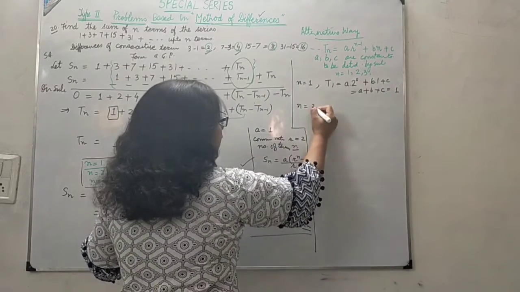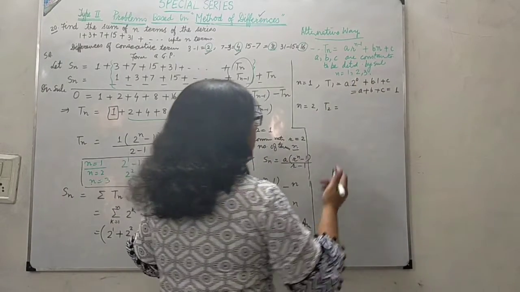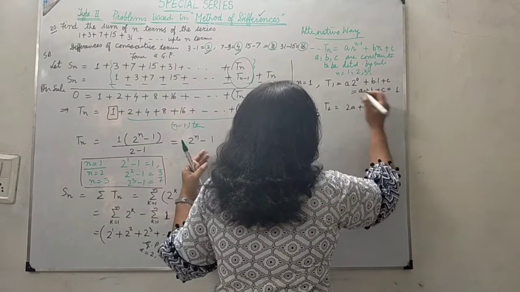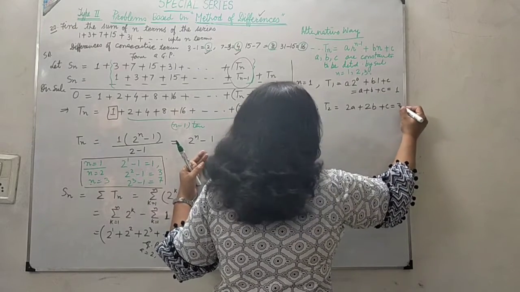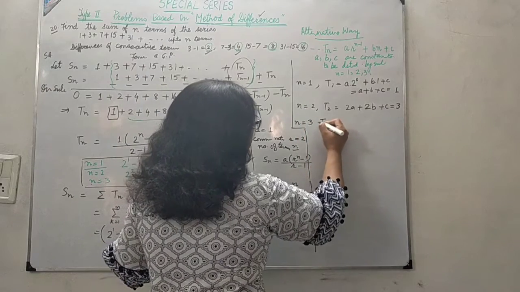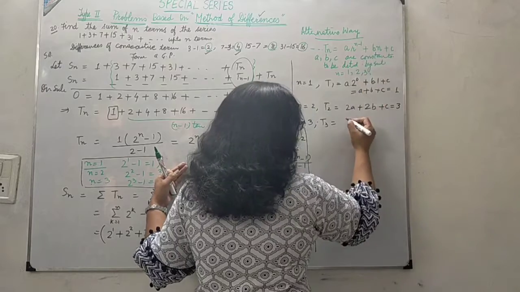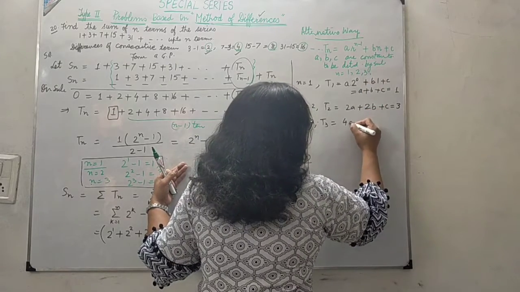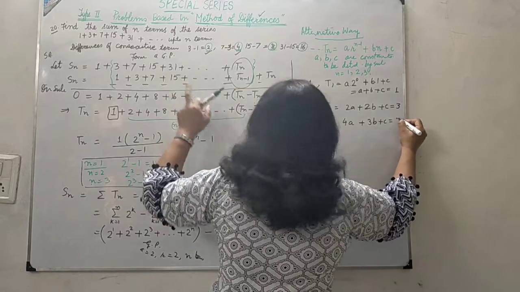And if I substitute n as 2, T2 will become 2 raised to power 2 minus 1, 2, so 2A plus 2B plus C as 3. And then if n is 3, T3 will become 2 raised to power 2, 4, so 4A plus 3B plus C as 7.